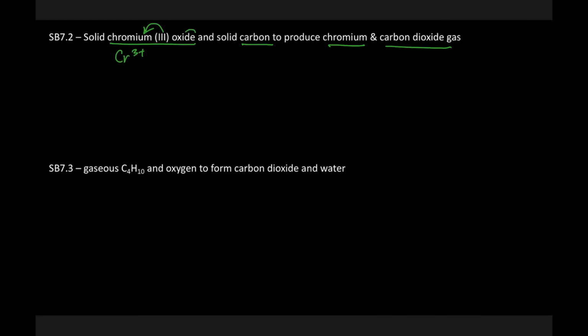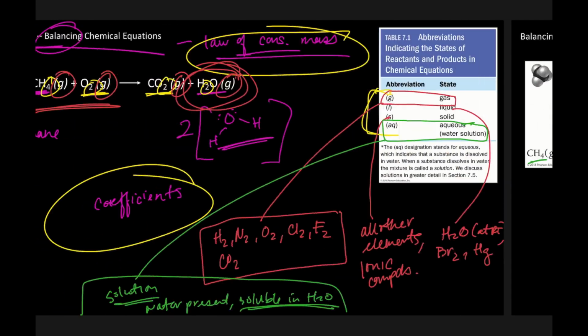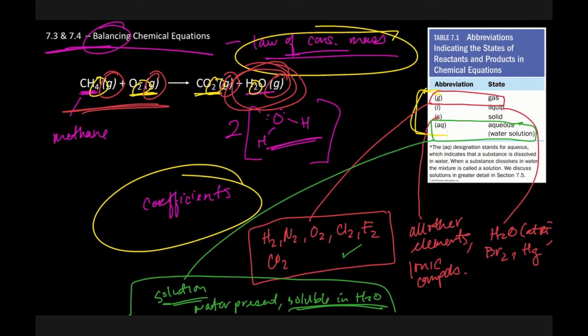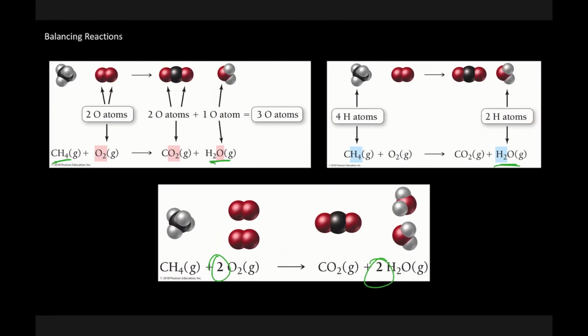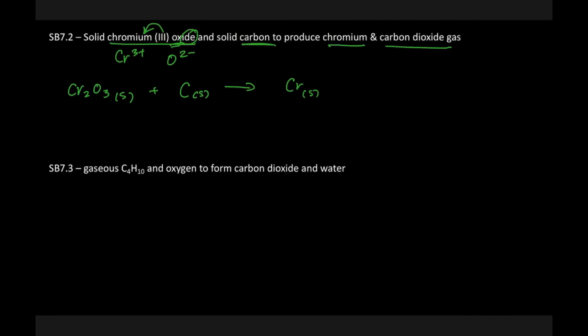Oxide means this is oxygen, which has a 2-, so it means we have Cr2O3 solid, plus solid carbon to produce chromium. Now chromium is an element that is not one of these gases or one of these liquids, which means it's a solid, and it's a metal. Those are things we should be kind of sure about. And CO2 gas. So now we just need to balance using coefficients.